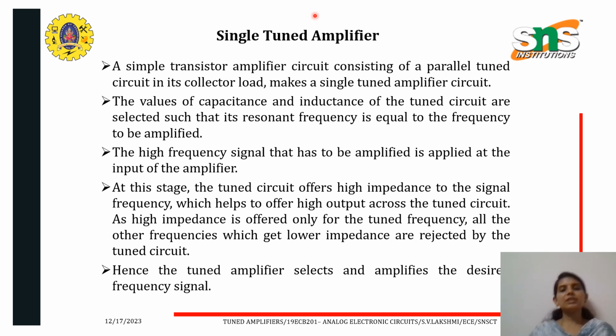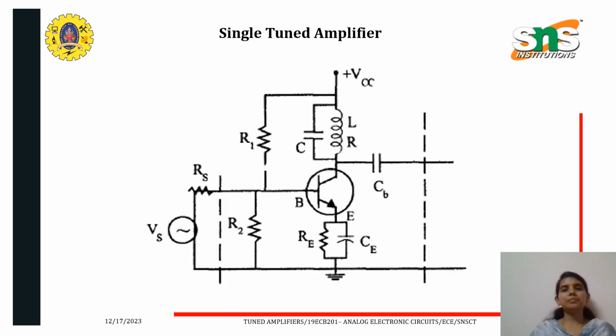All other frequencies, which see a lower impedance, are rejected in the tuned circuit. Hence, this tuned amplifier will select and amplify the desired frequency signal. This is the circuit of a single tuned amplifier. We have only a single set of tuned circuit at the collector load.